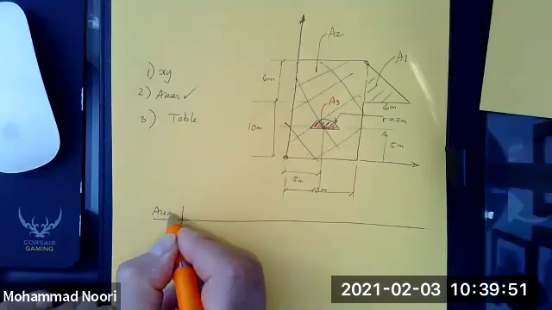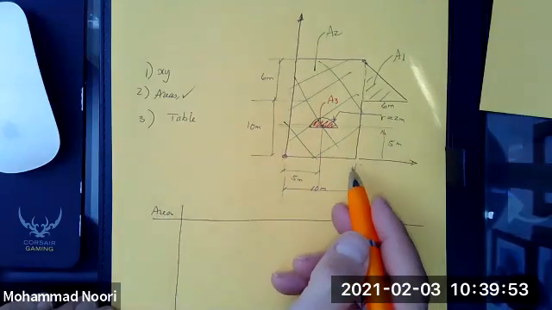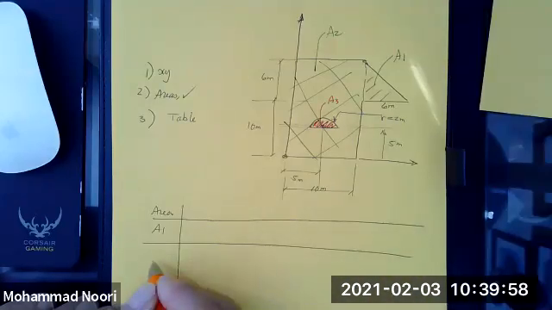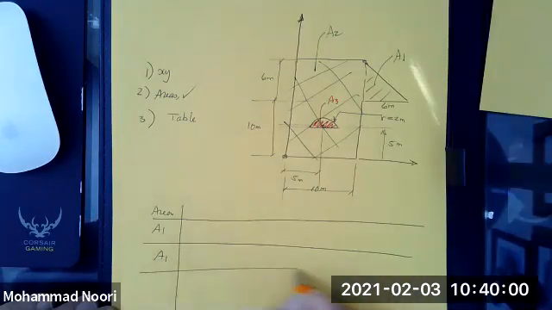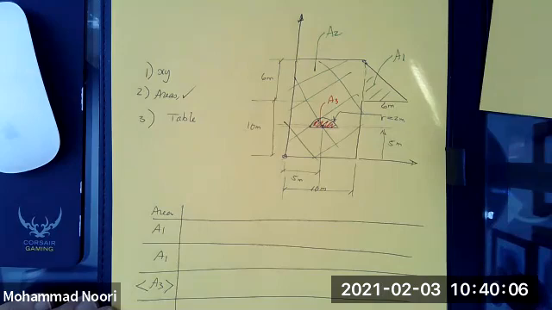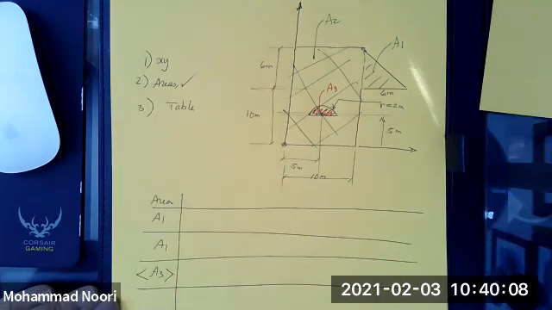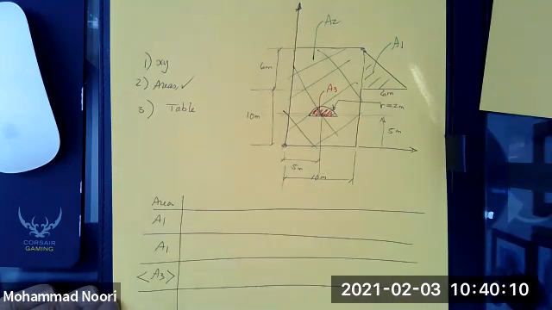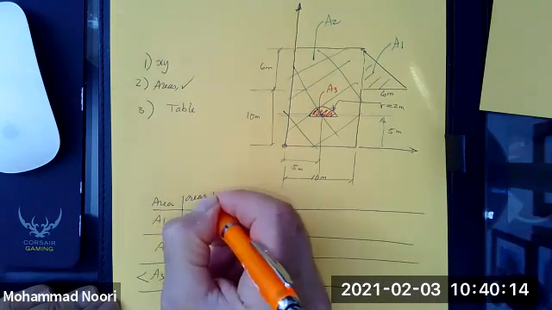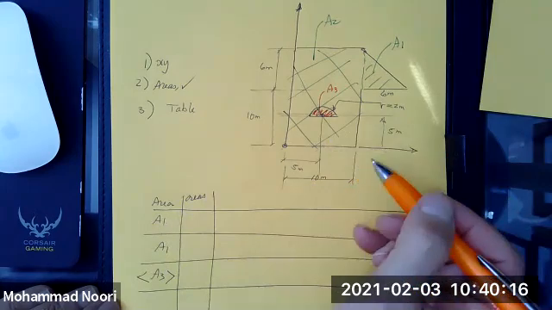Areas, in this case, I have only 3 of them: A1, A2, and A3. Make sure you put the brackets on the 2 sides of this because that is a negative area and you want to keep track of that. So the first column, you write the value of these areas in terms of the units given.